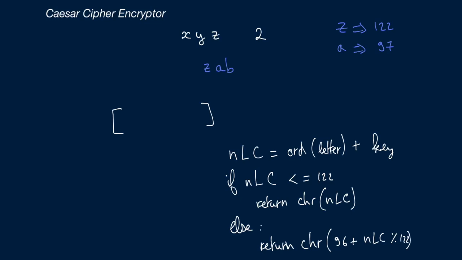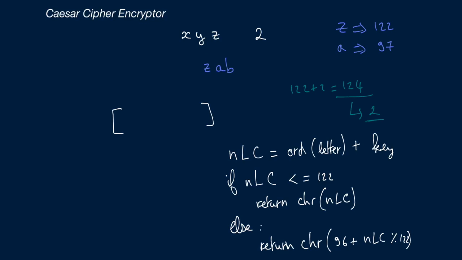So what are we doing here? Well, let's say we get 124. When we do Z plus 2, so 122 plus 2 equals 124, we mod 124 by 122. We divide 124 by 122 and get the remainder, which is going to be 2. So we say 124 is equivalent to 2.